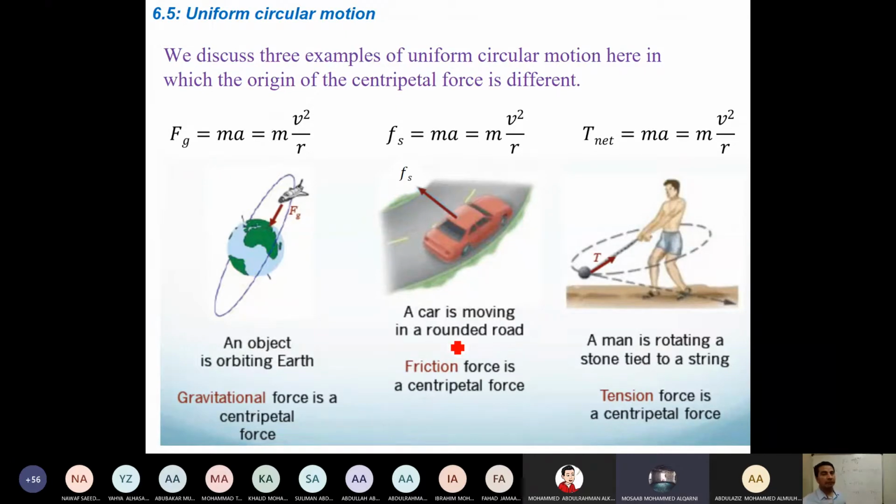Whenever we use the term g, which is the gravitational acceleration, in most cases we will be talking about the top of a building or 100 meters away from the surface of the earth. We don't talk about so high that there is no gravitational acceleration, or it is significantly low. So g has the value of 9.8 meter per second square.